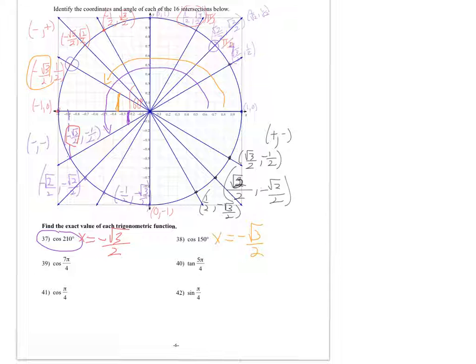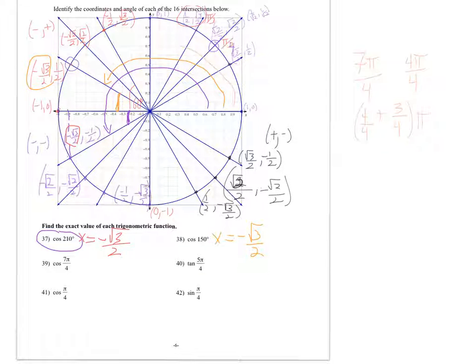Cosine of 7 pi over 4. I'm going to change colors again. 7 pi over 4, well, I know that's bigger than pi, because 4 pi over 4 would be 1 pi. It's smaller than 2 pi, but not quite that much smaller. So 7 pi over 4 you might think about as 1 plus 3/4 pi, because that's 4 over 4 plus 3/4 pi.